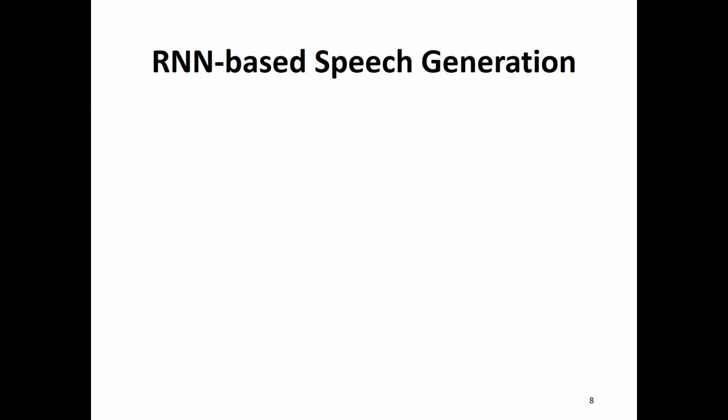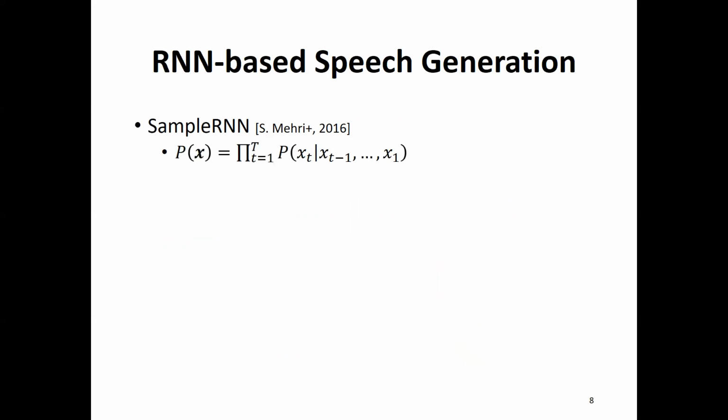To tackle the weakness of RNN for modeling a long sequence, SampleRNN was proposed in 2016. The dependence among speech samples has been formulated as a conditional probability. The probability distribution of each sample is conditioned on all previous samples.